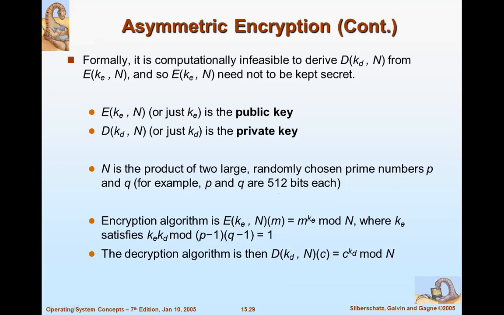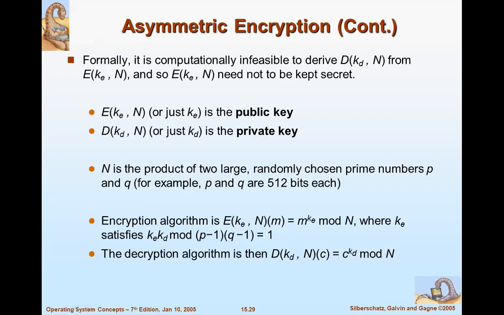So here the encryption algorithm is EKE,n of m, where m is the message, and it is equal to m to the power ke mod n, where ke satisfies ke times kd mod (p minus 1)(q minus 1) equals 1.